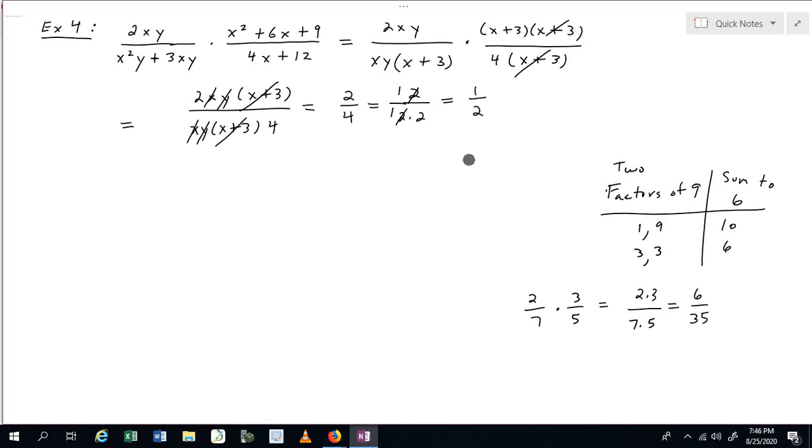And that's it. So I didn't do a lot of multiplying here. Mostly what I did was factoring and then canceling things on the top and the bottom that were in common. Okay? So oddly enough, when you multiply rational expressions, you're not doing a lot of multiplication.